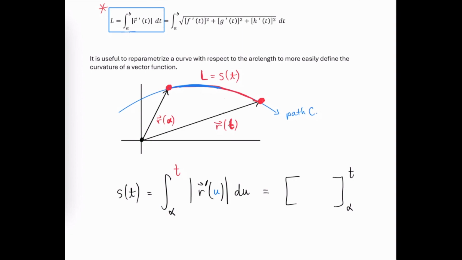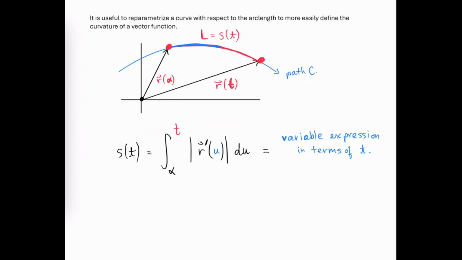This lower limit is going to be a constant value. This upper limit is going to be a varying quantity. And once we plug all this stuff in, what we'll get is a variable expression in terms of t. So we're trying to be super general here in order to describe this process. I'm just going to say the arc length turns out to be some variable expression in terms of t.